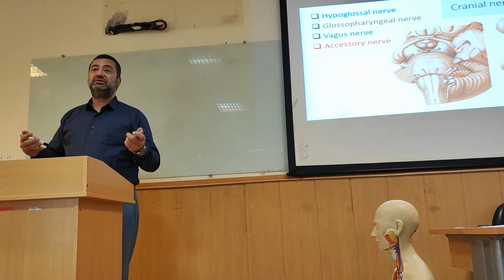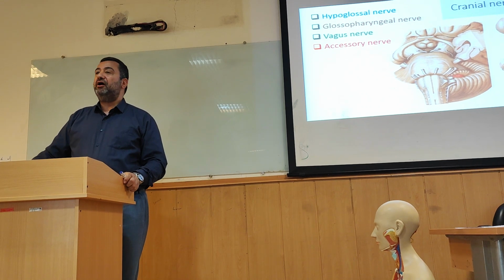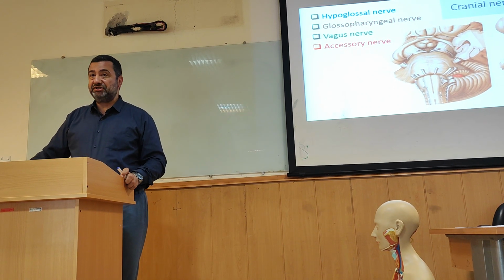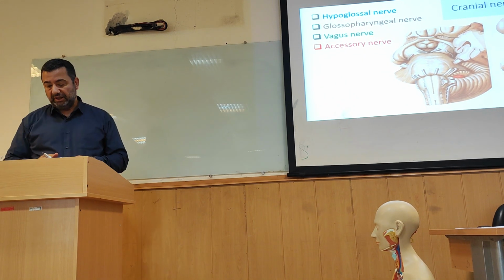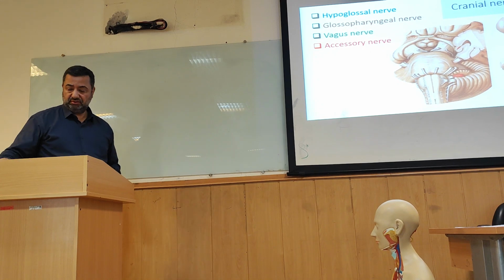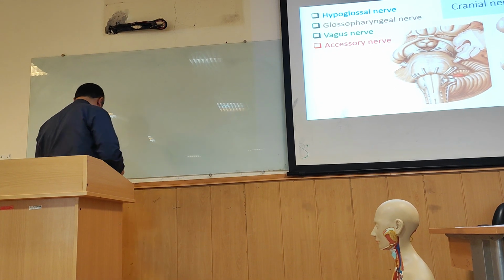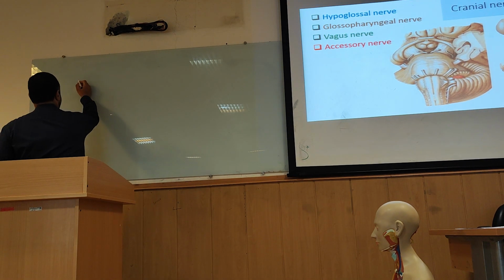The internal structure of the medulla oblongata. I will draw three cross sections of the medulla oblongata. The first one is in the inferior part, near to the spinal cord.